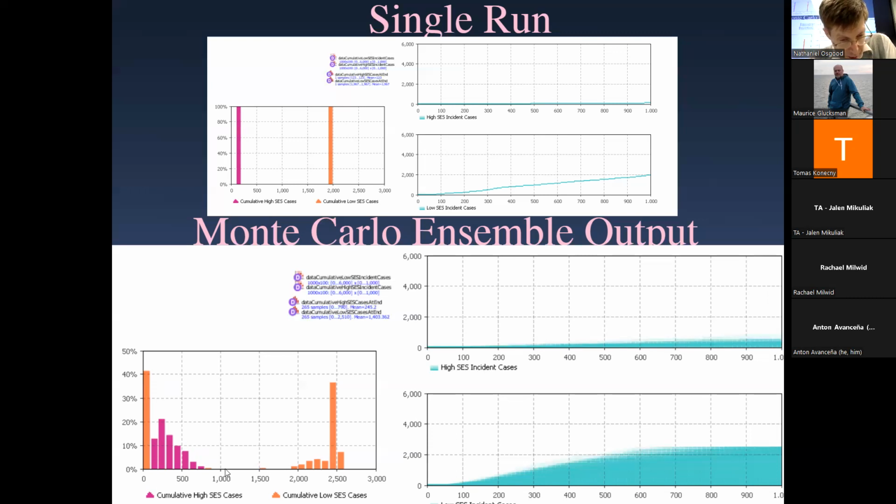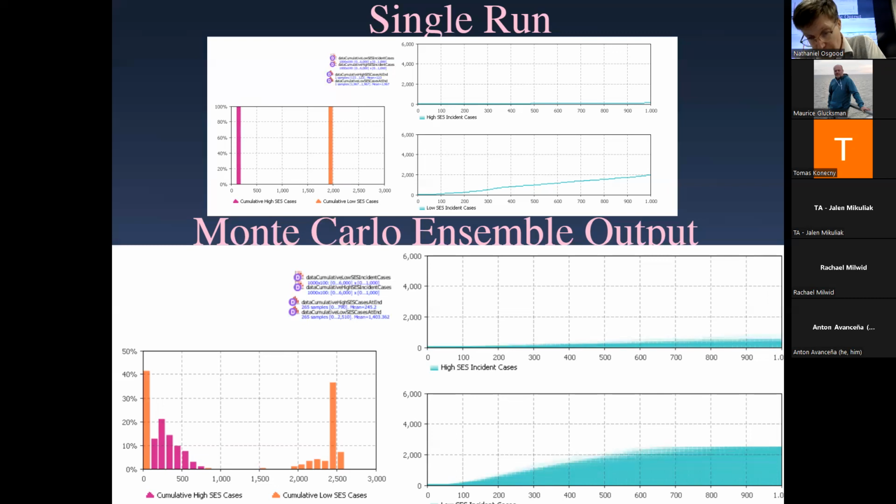Any one run had a certain number of each. But if you run it again and again and again, you get a distribution for where high SES fall and a distribution for where low SES fall. A given run, 100% have fallen within this for the low SES number because it's just a single number. And same thing for high SES. If you run it again and again, you'll get a distribution. And you'll notice this distribution is higher than this one as a general pattern.